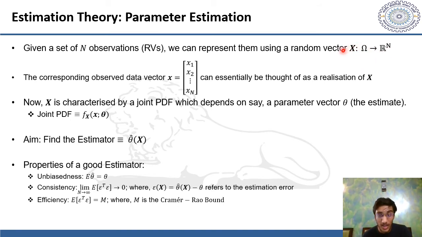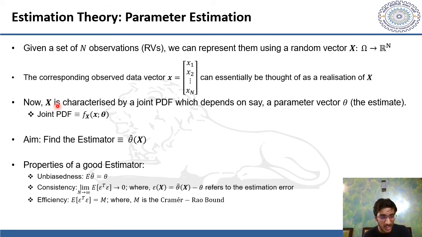Now, corresponding to this random vector x, we have an observed data vector small x, which is again an n-dimensional vector and essentially corresponds to the observed values of the random variables in this random vector. And this observed data vector x can therefore be thought of as a realization of this random vector x.